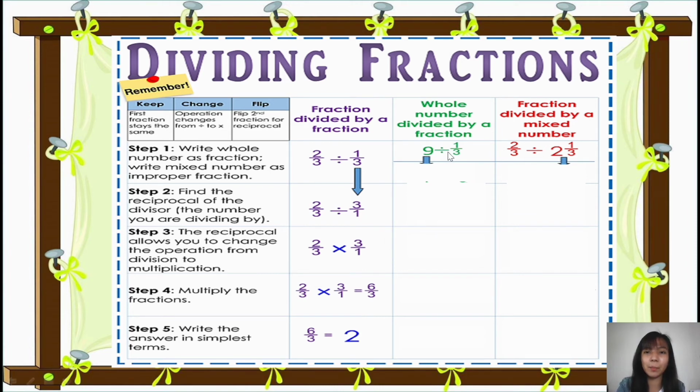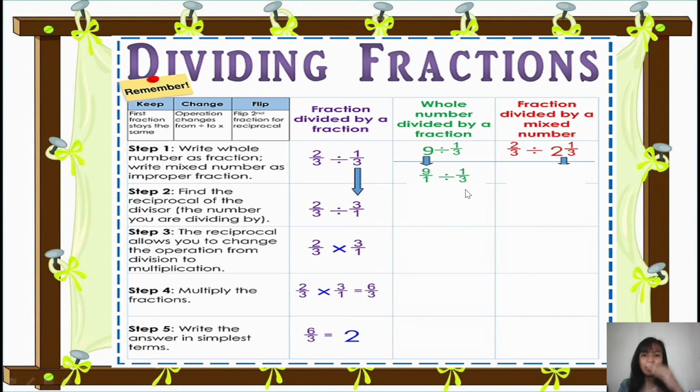Alright? Another example here, a whole number divided by a fraction. We have here the whole number 9 divided by 1 over 3. So first step, write the whole number as a fraction. For the whole number 9, just put 1 as the denominator. So 9 over 1 divided by 1 over 3. Next, step 2. Find the reciprocal of the divisor. This is the divisor, the second number or the second fraction.